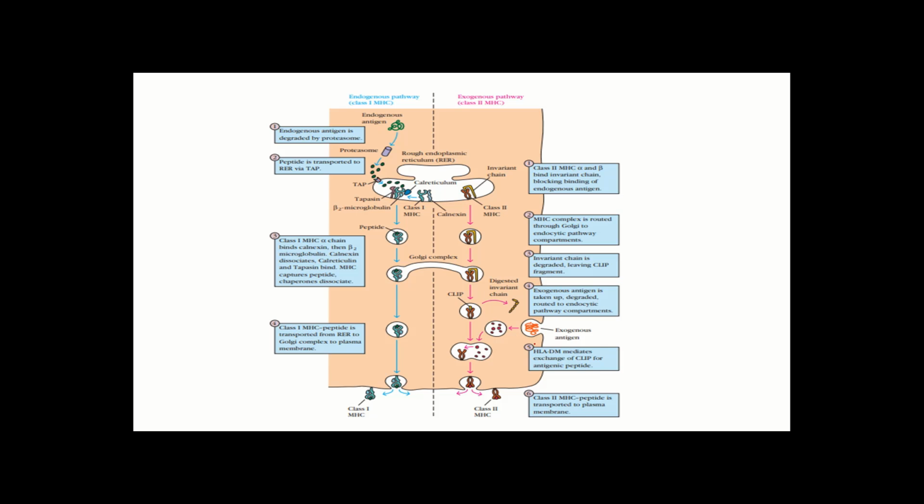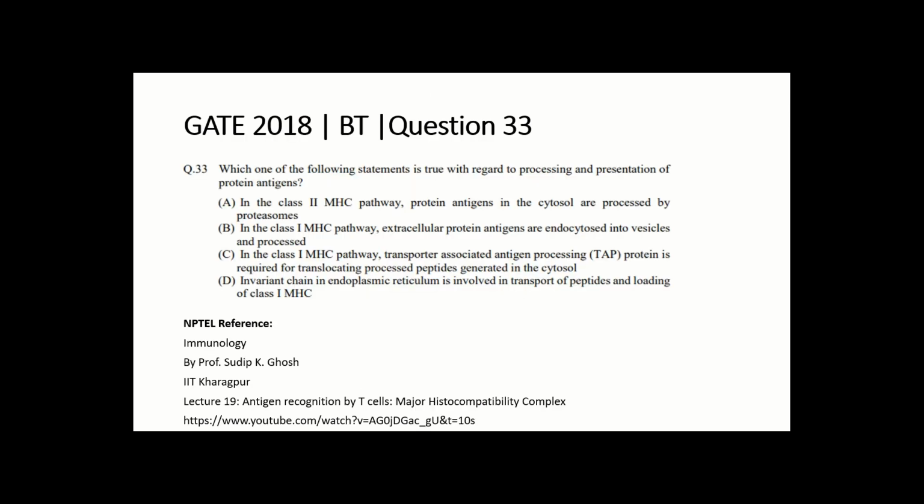Here the exogenous antigens are imported into the cell by endocytosis and chopped up. So extracellular protein antigens being endocytosed into vesicles and processed occurs for the class 2 MHC pathway, not for class 1. So option B is also wrong.